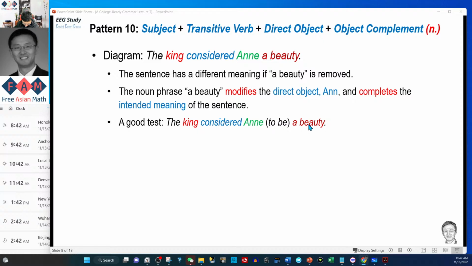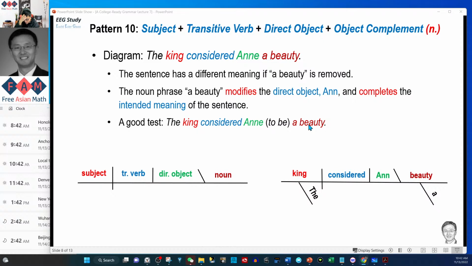Always. How do you diagram this? Well, because you already know how to diagram pattern number 2 and number 7, which are just analogous to number 1 and number 6, not surprisingly, the diagramming of this pattern number 10 will look analogous to pattern number 9. We still have the fourth slot, and that's for the complement.